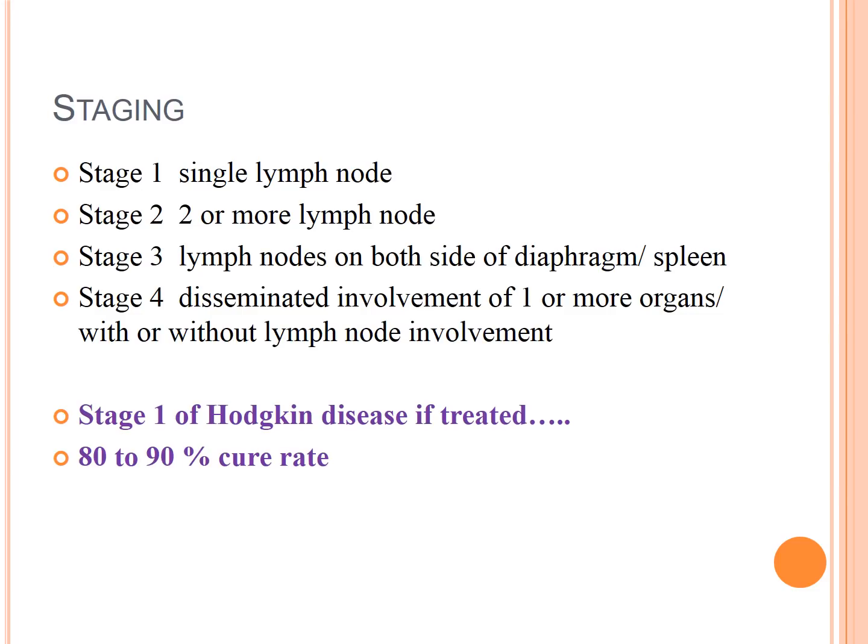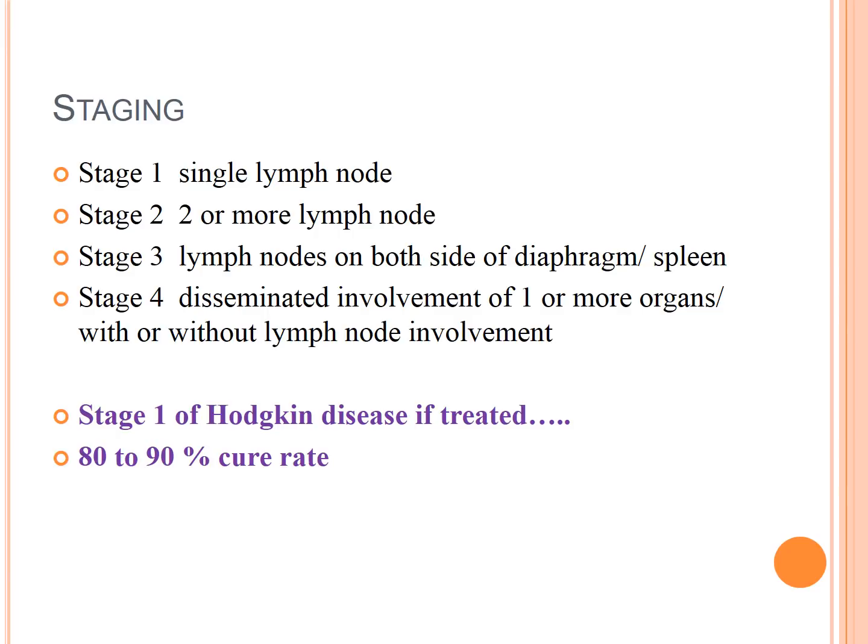and it can be staged. So stage 1 is your highest chance of curing the disease because it's the most basic form, if you want to call it that, because stage 1 is only one single lymph node. So it's only in one little area.